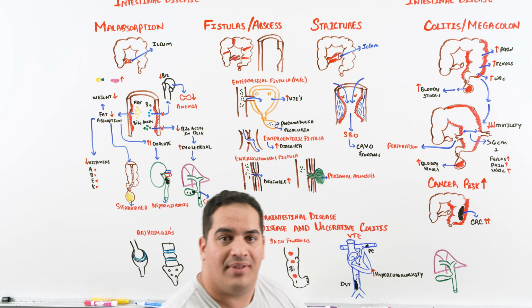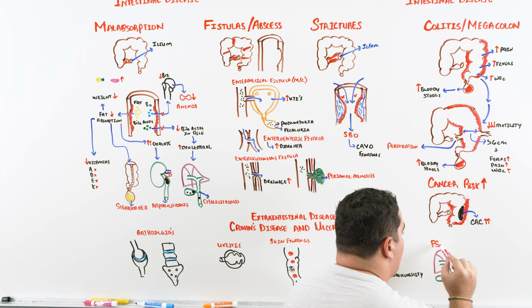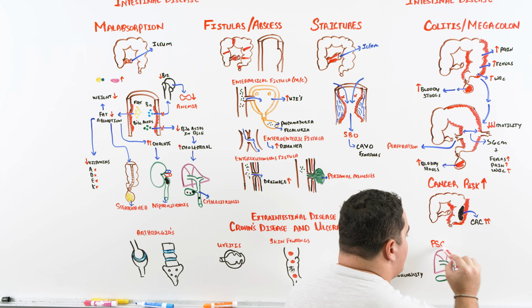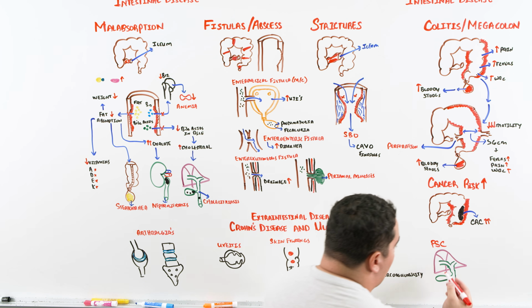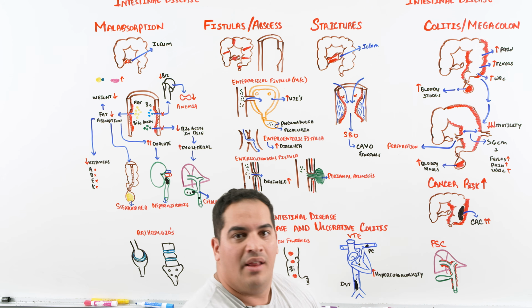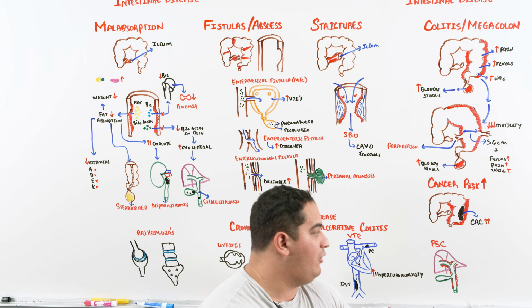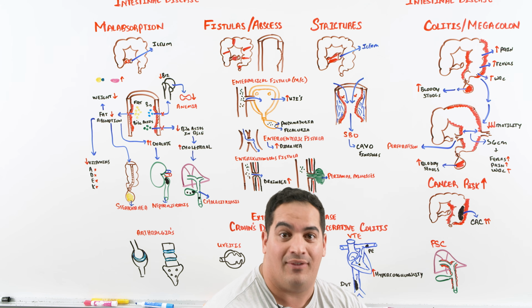The last one that I have to hit here, and we talked about it a little bit in the cholangitis lecture, is called primary sclerosing cholangitis. This is when there is inflammation of the intrahepatic ducts and the extrahepatic ducts. This is very highly associated. More particularly, if you have PSC, it's likely that you have UC.